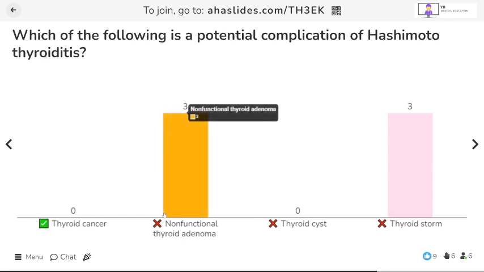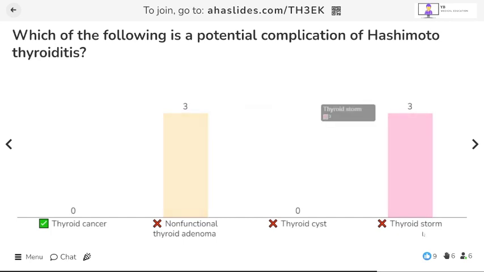It's not thyroid cancer though, so I don't know why you picked thyroid storm. It leads to decreased levels of thyroid hormones, not increased.